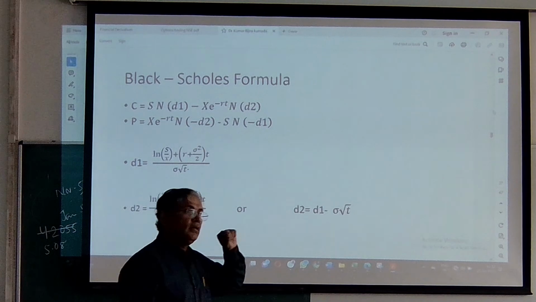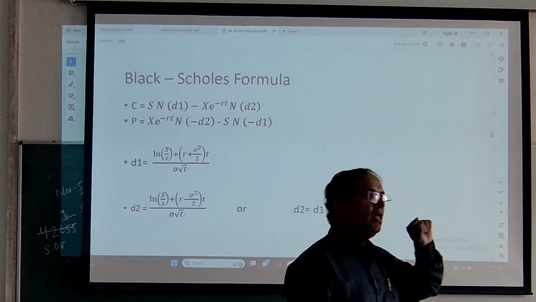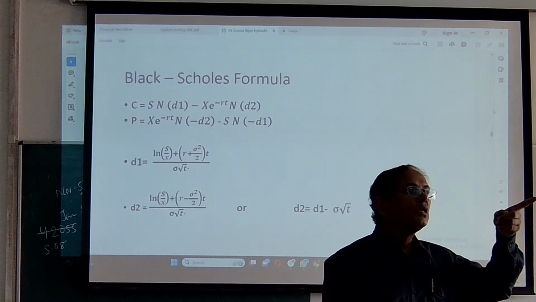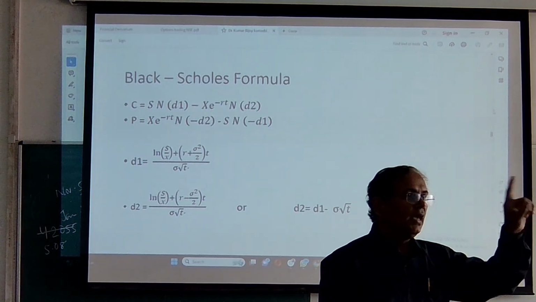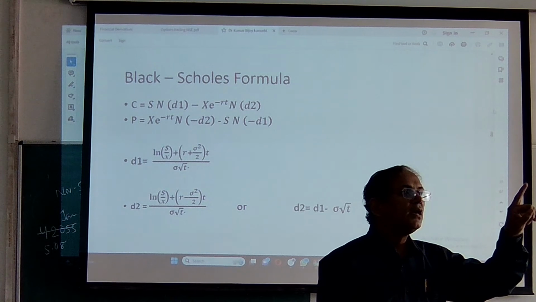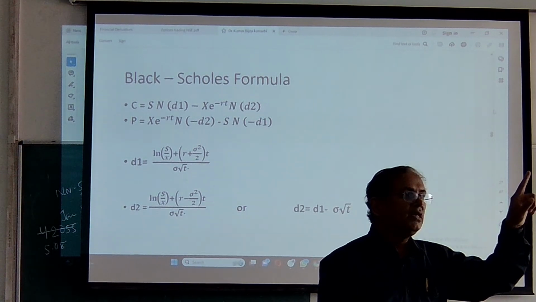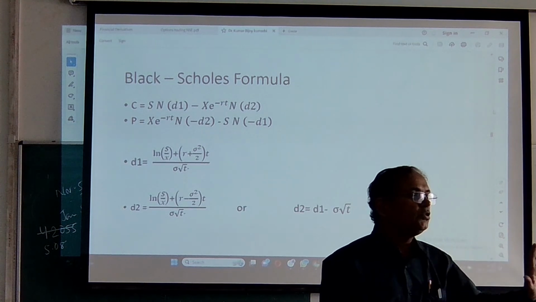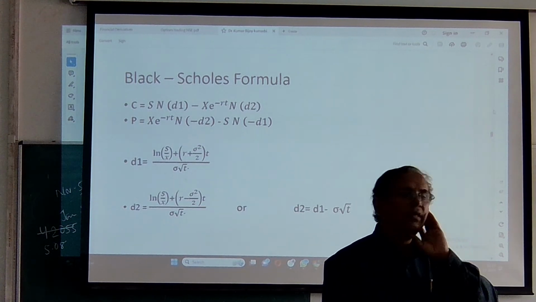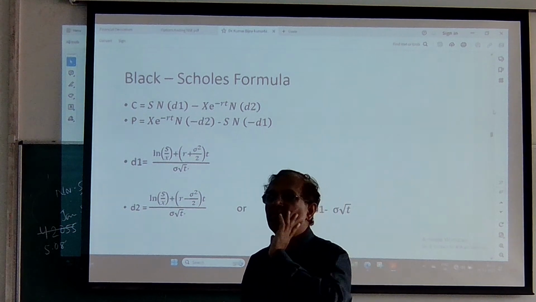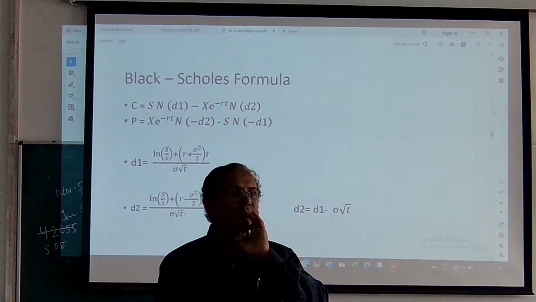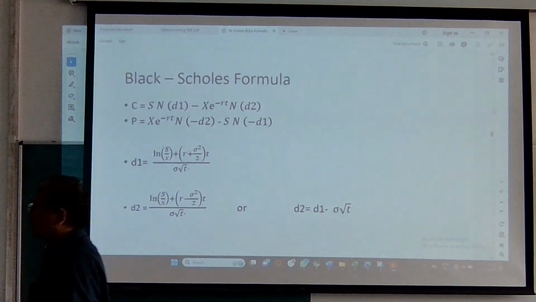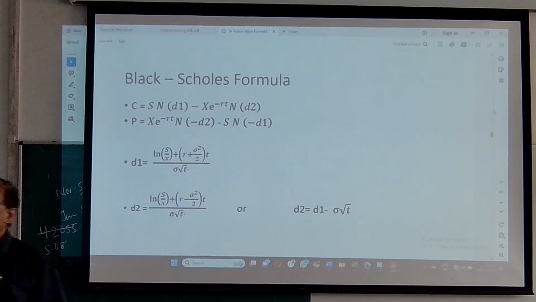How much is S? 100. How much is ND1? Okay. How much is X? 5. How much is e to the power minus RT? Very good. And after that, how much is ND2? Very good. So how much is the value coming? 5.0865. Right. So this calculation is over.